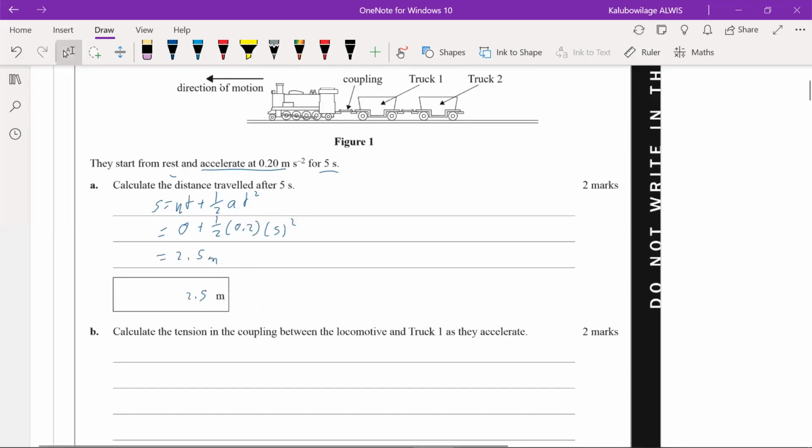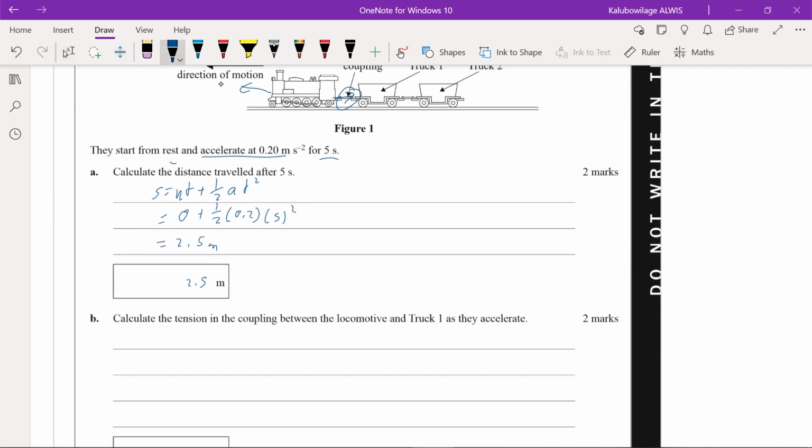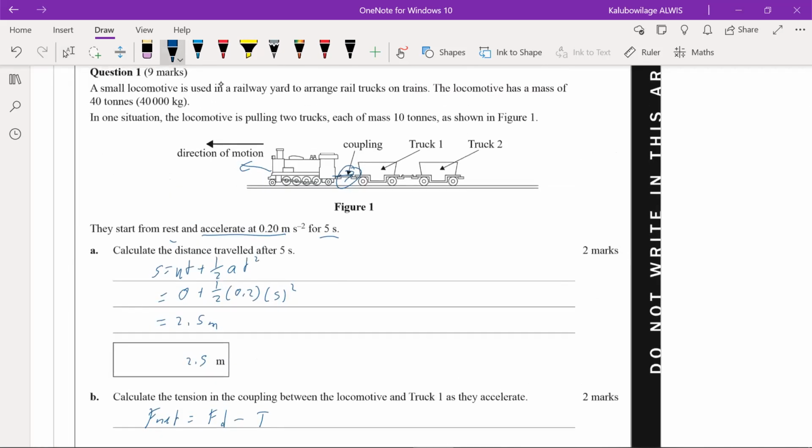Next, we find the tension in the coupling, the first one. For that, we just need F net equals driving force minus tension, and F net is the total mass times acceleration. There's two masses of 10 tons and one of 40.